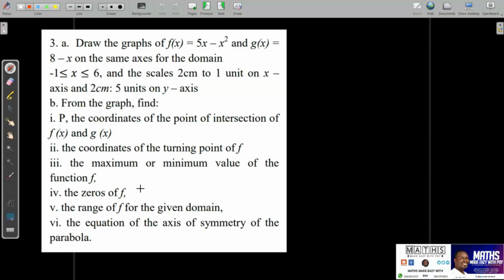Because in my next lesson to come, we'll be looking at how to determine the roots and then how to determine the maximum and minimum values and so on and so forth. So just screenshot this question before we move on. Please, have you done that? Yes, please. Okay, then another one too is here.